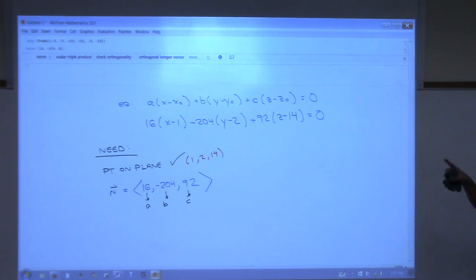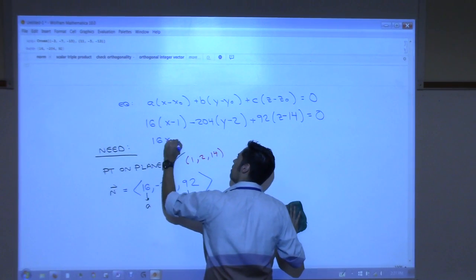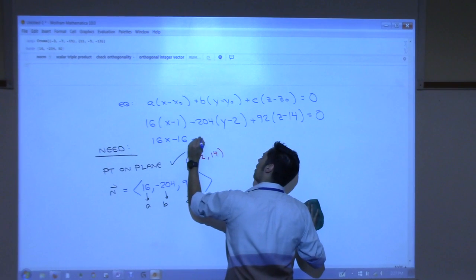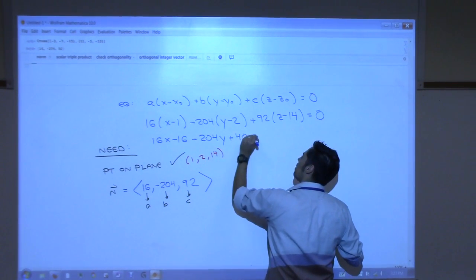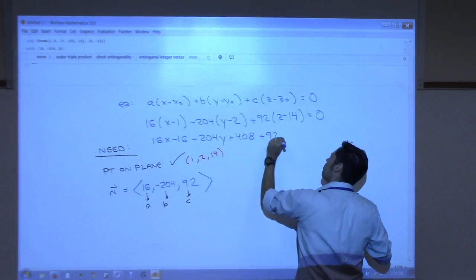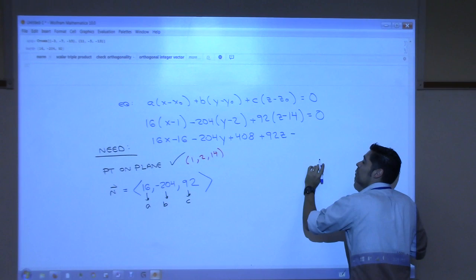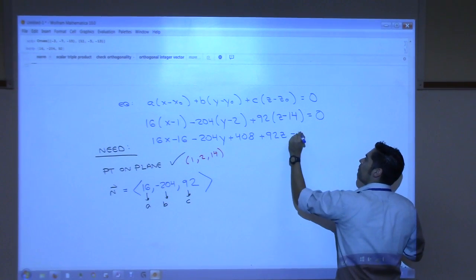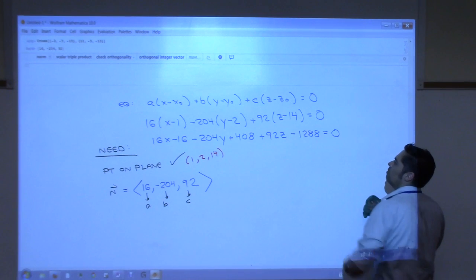Now what you would need to do is distribute through and clean up, which I'll do right now. This is 16x minus 16 minus 204y plus 408 plus 92z minus, what is it? 1288 equals 0.